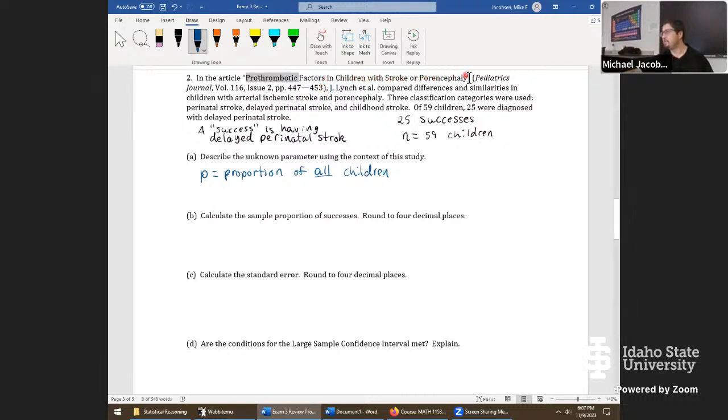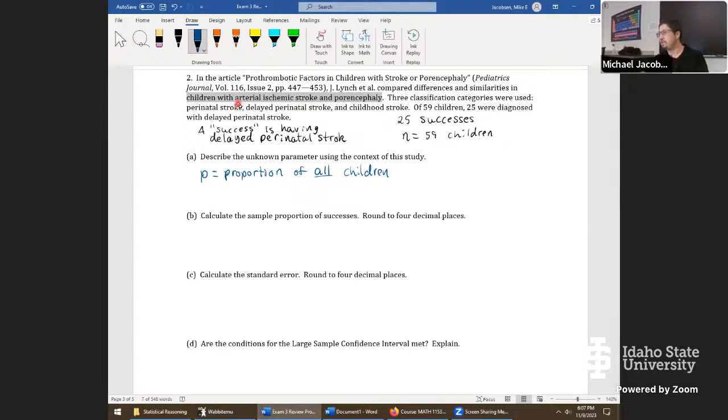Children with stroke or porencephaly. It says here we're looking at children with arterial ischemic stroke and porencephaly. Three classifications were used. So it looks like we're talking about all children with that specific condition. Let's see if we can paraphrase that. That's a heavy thing to write out.